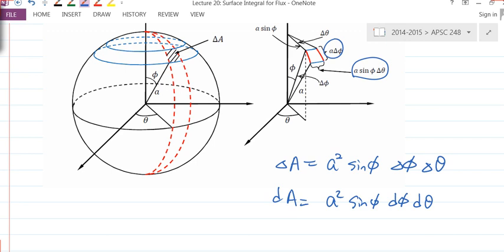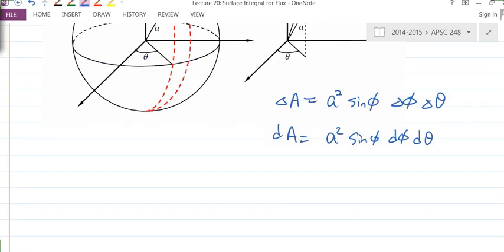Now, if you recall that in a triple integral using spherical coordinates, the transformation of dV in Cartesian into spherical, what's the formula? Equal to what? This is rho squared sine phi.